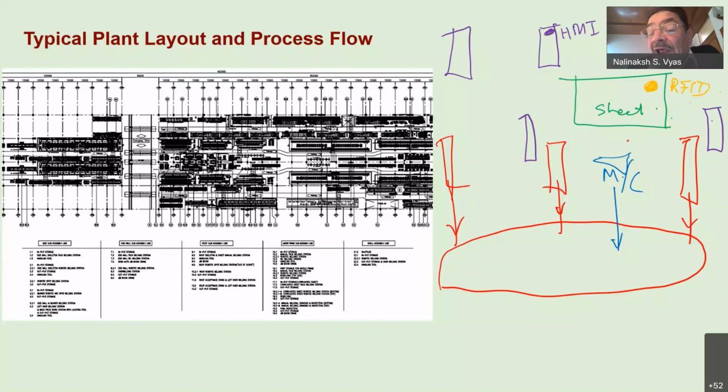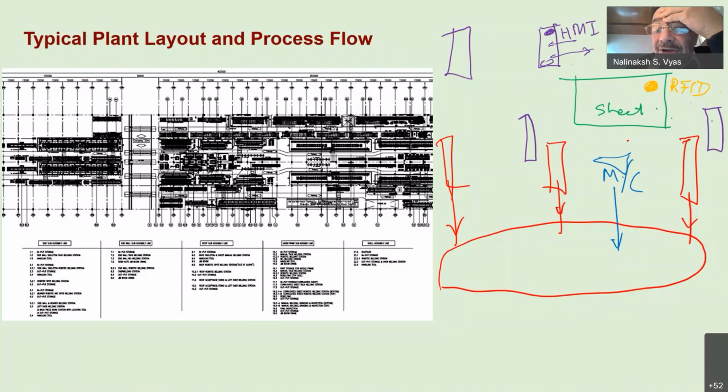If they are at a particular machine or working station, they would key in when the component got in and when it got out, and all the relevant information about their own action.